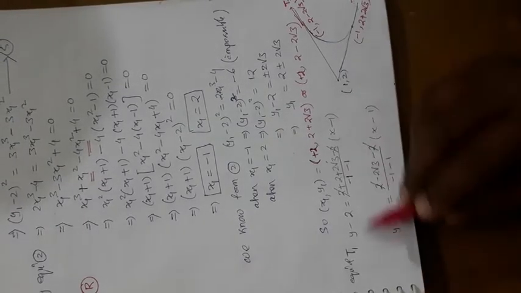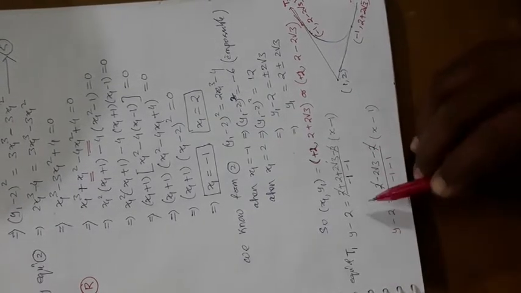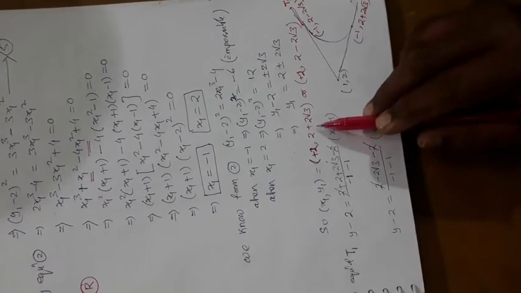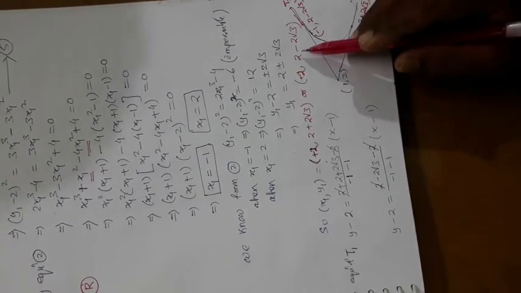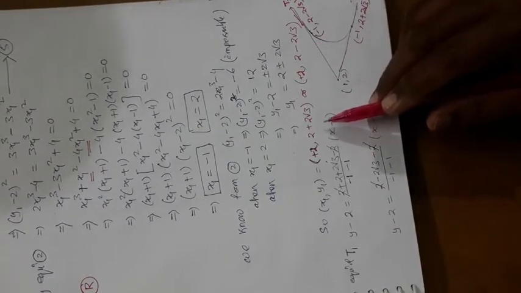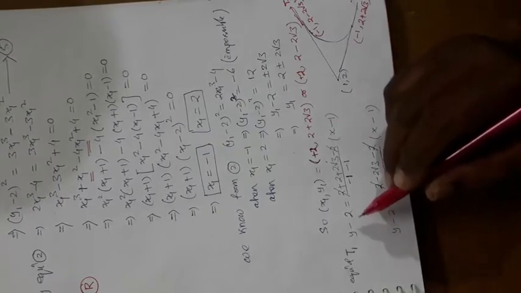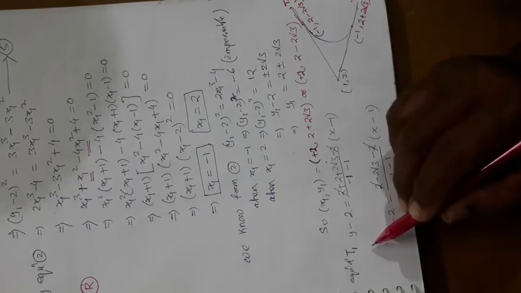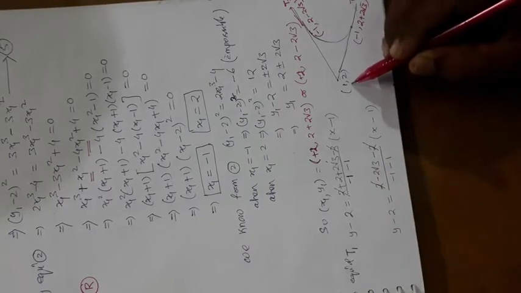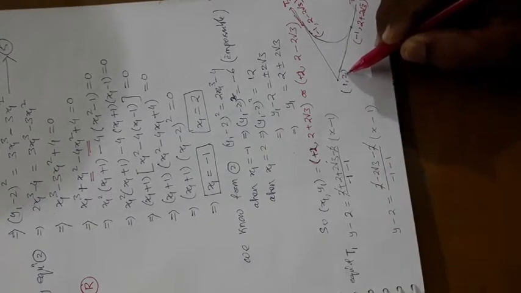So the equation of the tangent 1 is y minus y1. Sorry, it is not a mistake. It is a point; I am taking (x1, y1) here.